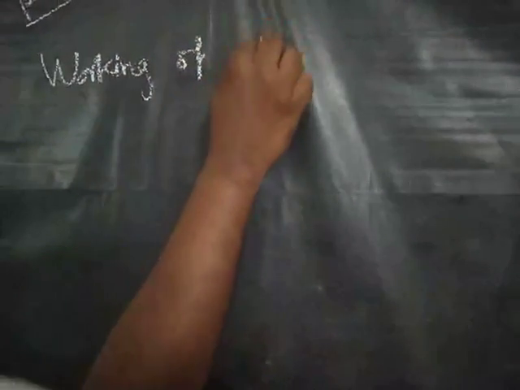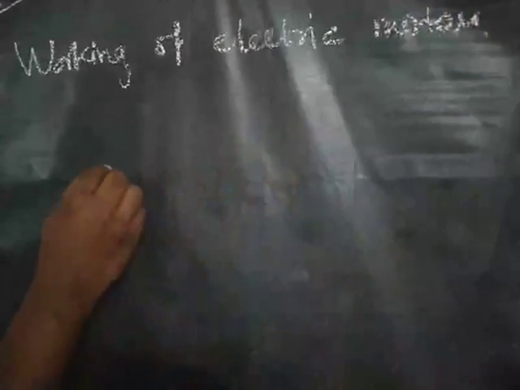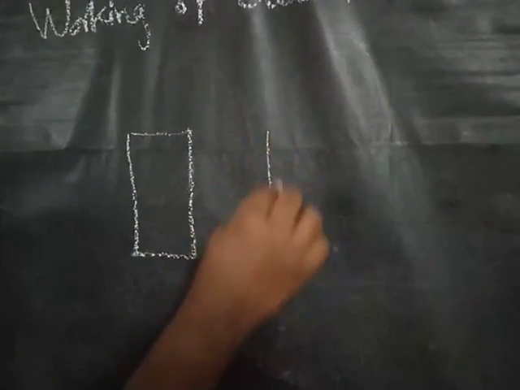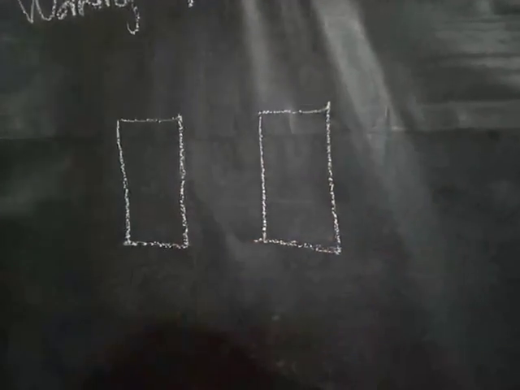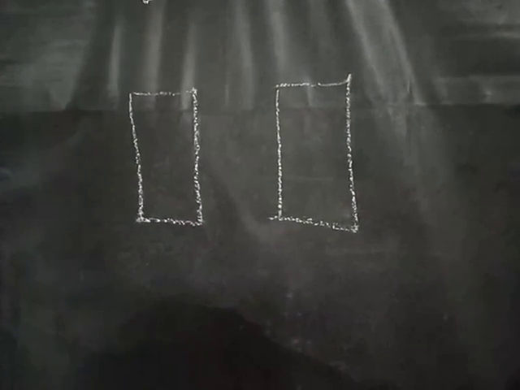Working of electric motor. We have to take two magnets. One is acting as a north pole, another as a south pole.